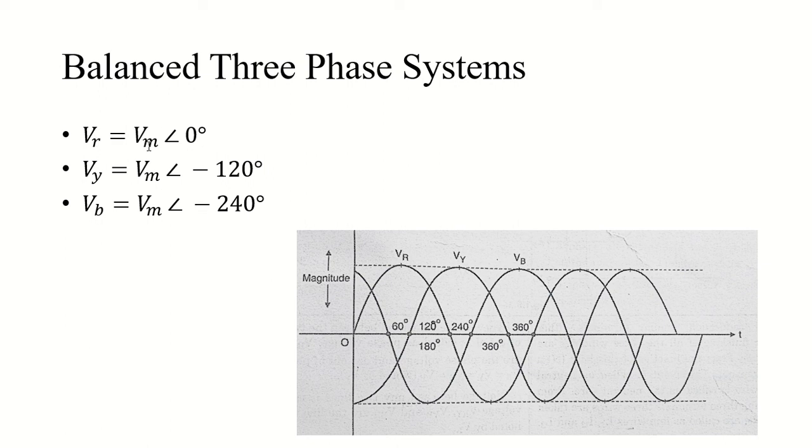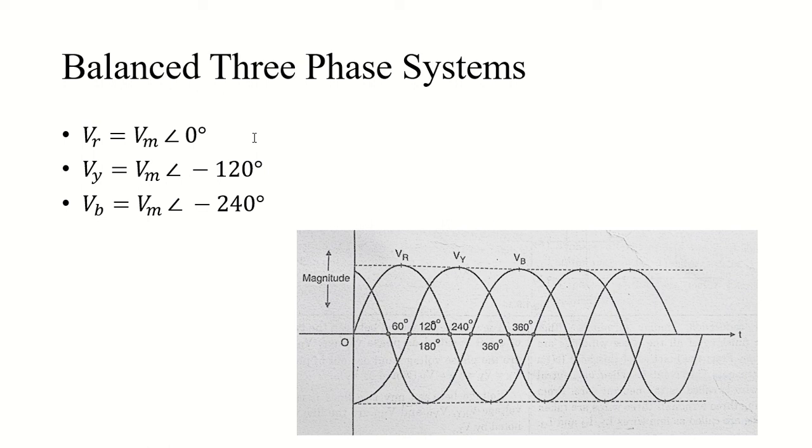Vm is the magnitude, and you can see the Vm magnitude is the same in all three phases, VR, Vy, Vb, the R, Y, B phases. Now for the phase angle: it is 0 degree in the first one, minus 120 degree in the second one, and minus 240 degree in the third one, which means the phase angle between two phases is 120 degrees.